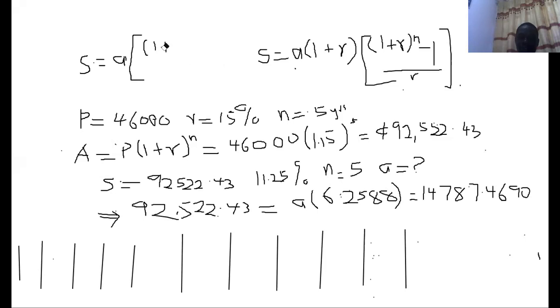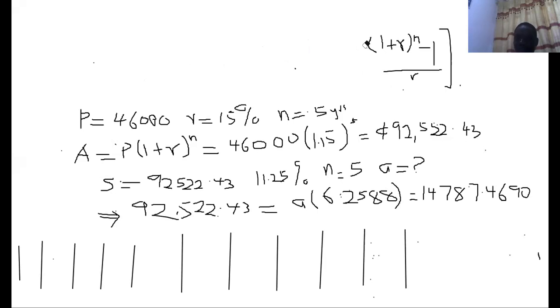When you go to the bank, the interest rates displayed are all per annum. But we have cases where we have multiple compounding in a year. For example, if the interest is calculated every month, then because we have 12 months in the year, the frequency of compounding will be what? 12.